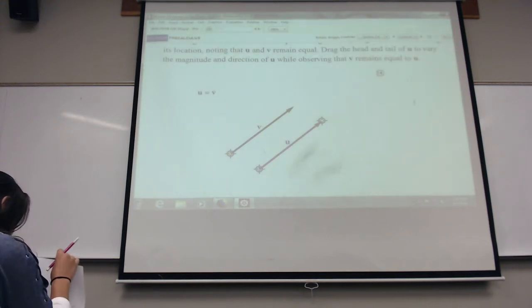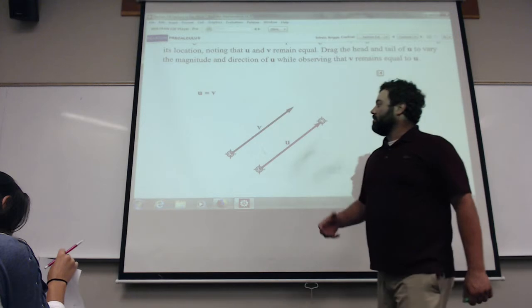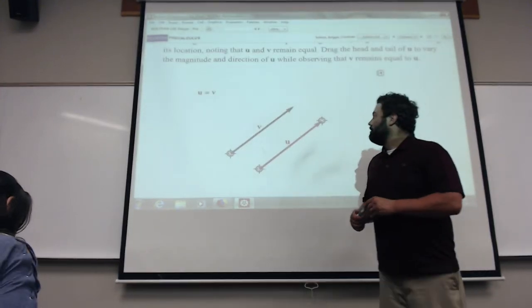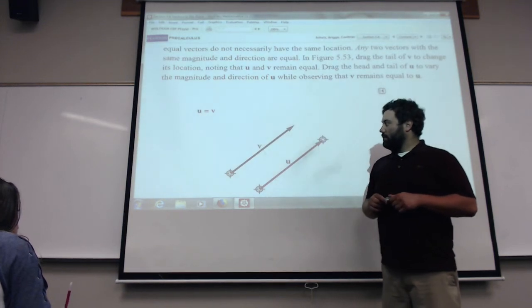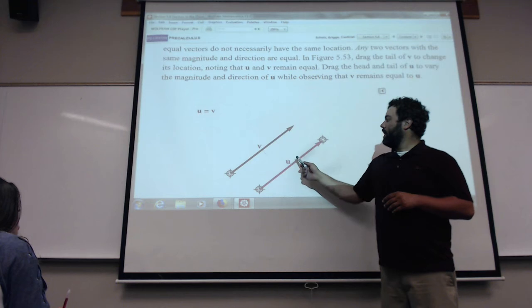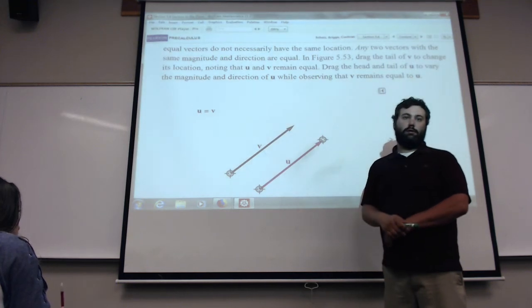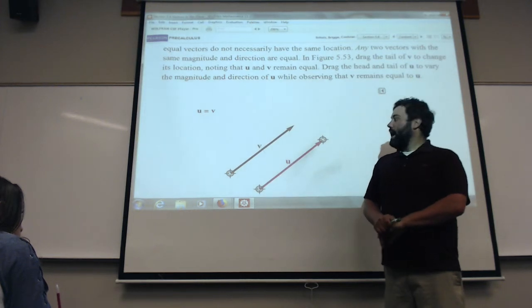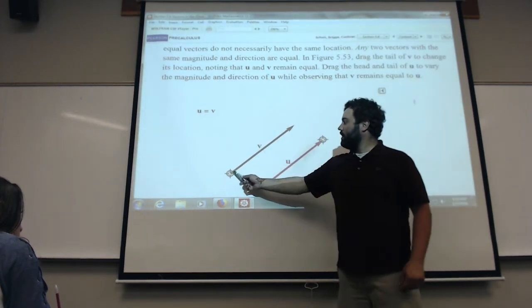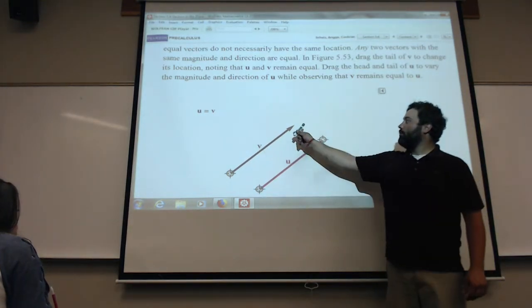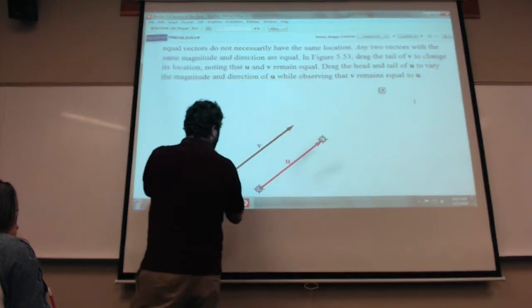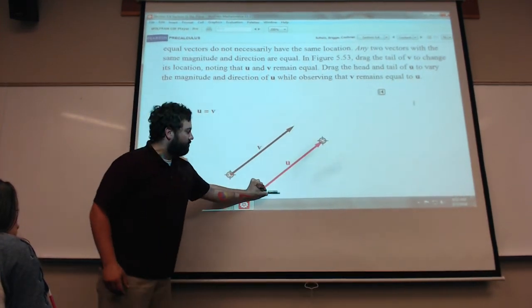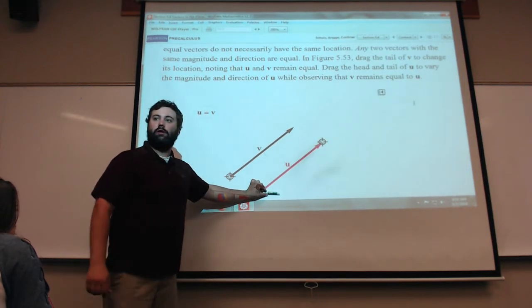The first thing that I want to make clear to everybody is these two vectors right here. Notice these two vectors are in different positions. They're not sitting on top of each other, but they have the same length, and technically they're both pointing in the same direction. If I was to draw a little horizontal right here, these vectors would both have the same angle from the horizontal.